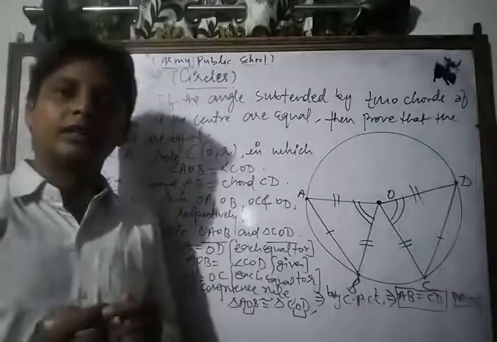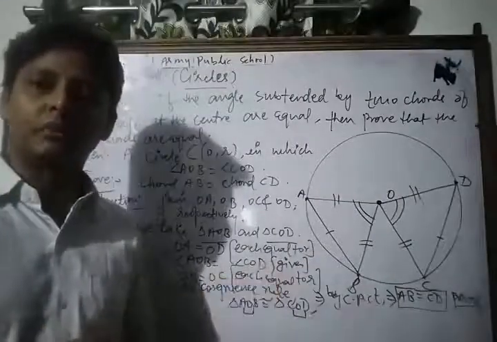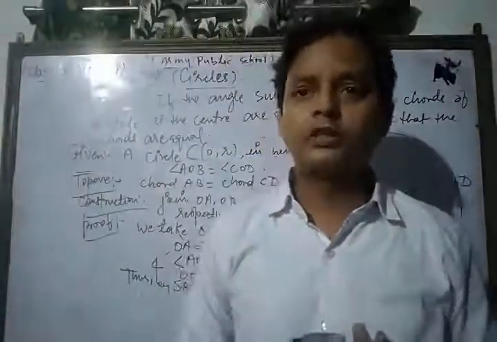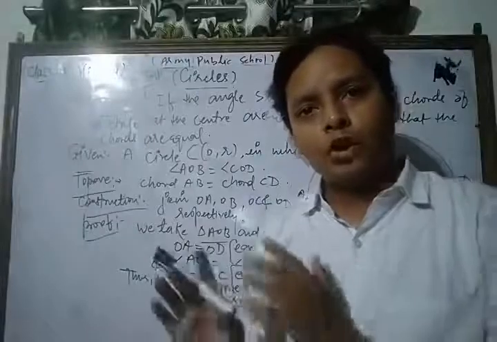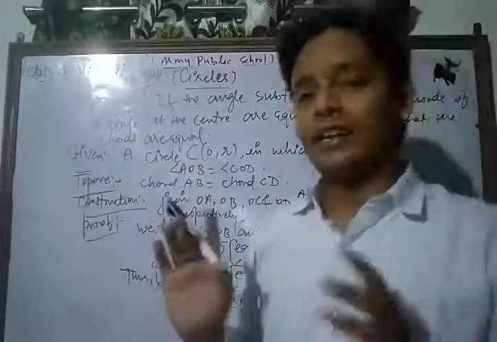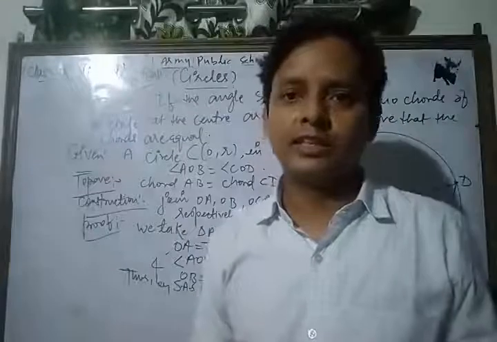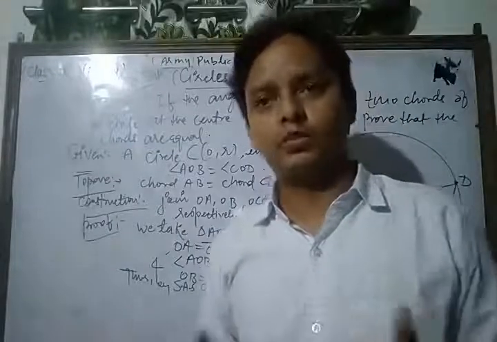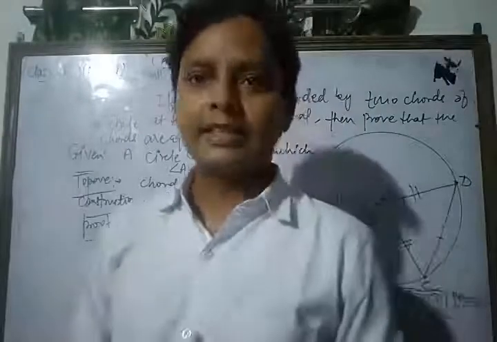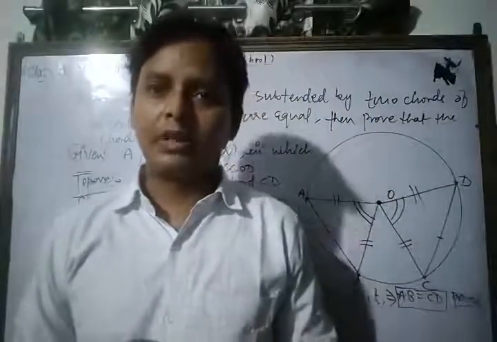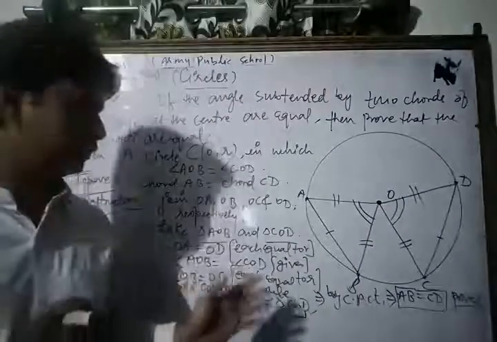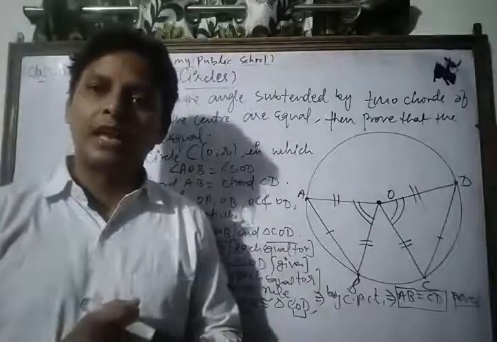Dear student, this is one of the most important theorems of your syllabus. So please do more and more practice of this type of theorem. After that, you can solve and prove each and every theorem of your NCERT exercise. These are very important for your upcoming examinations.